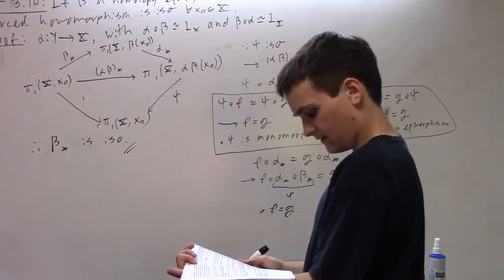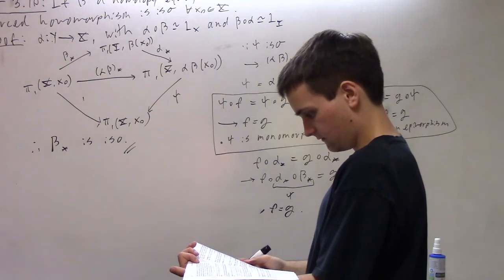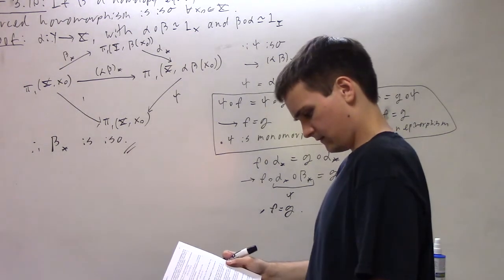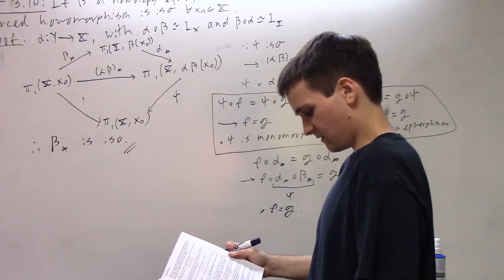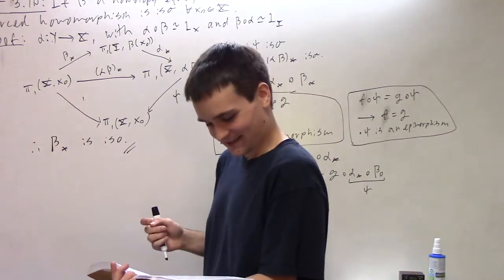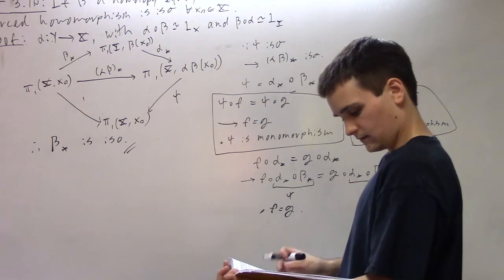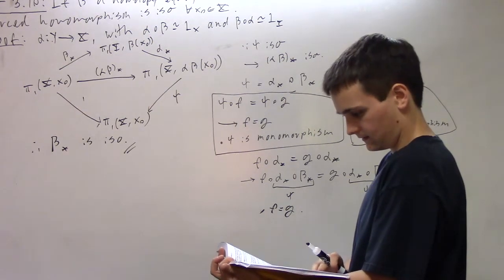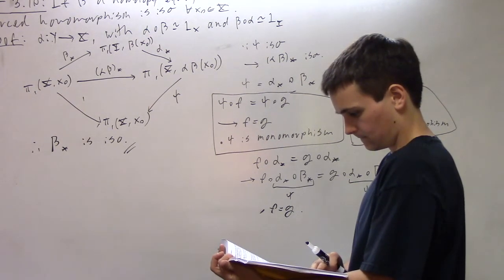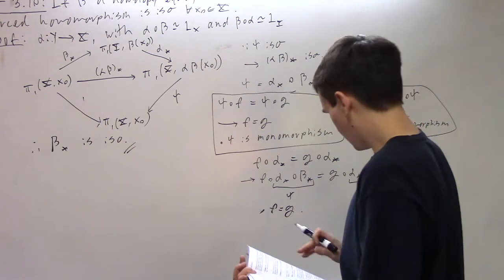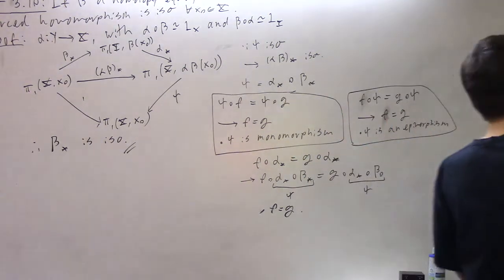Which shows that the diagram commutes. Or wait, well, no, that was our theorem. Our theorem was to show that beta star was an isomorphism. So, let's see here. Next theorem. I guess I'll erase this stuff.